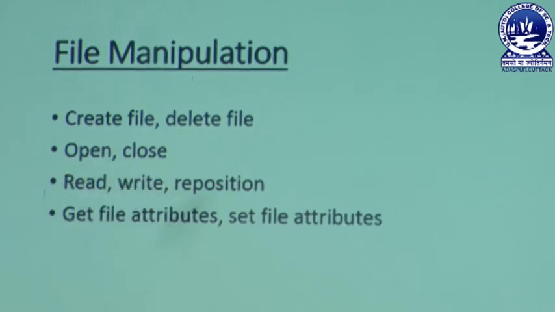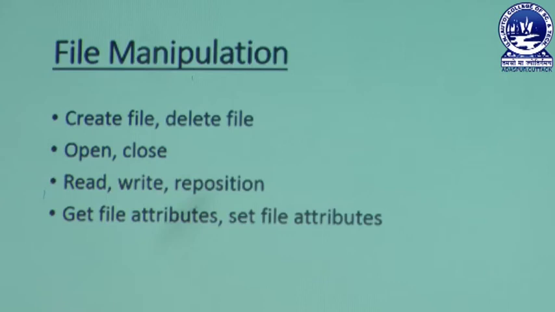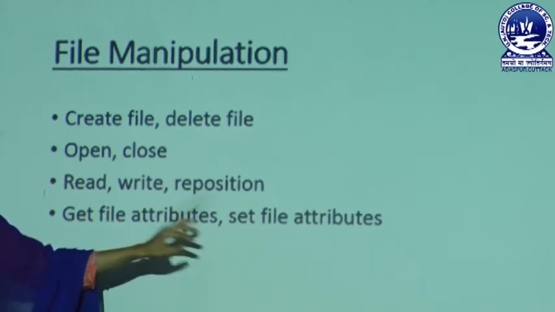There are 3 system calls used for reading, writing, and repositioning. Next are getting file attributes and setting file attributes. There are 2 system calls used, get file attributes and set file attributes.